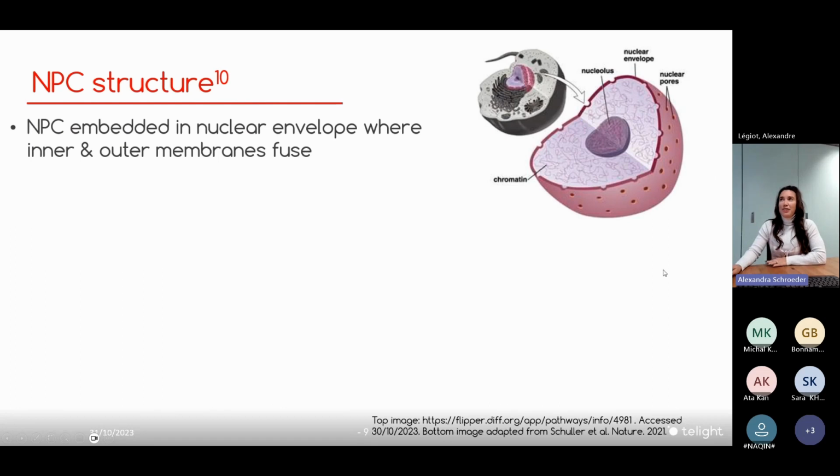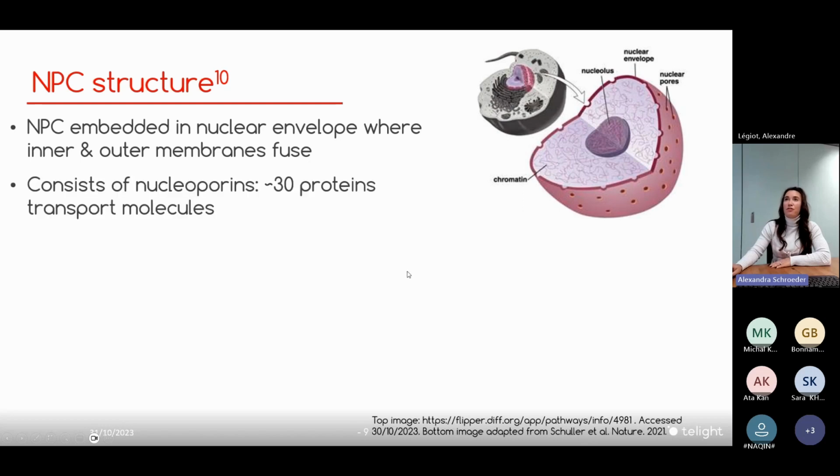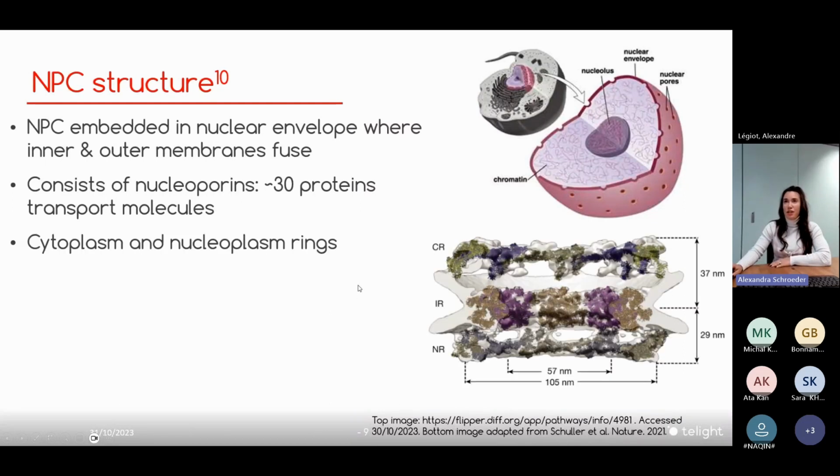So what is it made of? I mentioned it's this porous structure on the nuclear envelope, surrounding the nucleus itself, where we can exchange molecules, and it is present where the inner and outer membranes of the nuclear envelope are fusing together. The nuclear pore is made up of nucleoporins, the individual proteins that serve as transport molecules making up the structure.